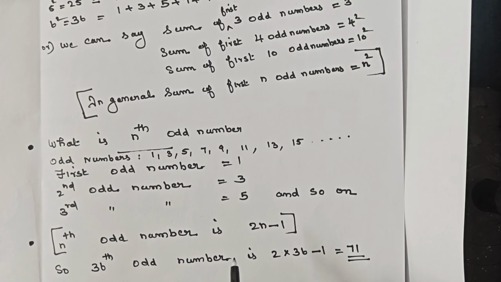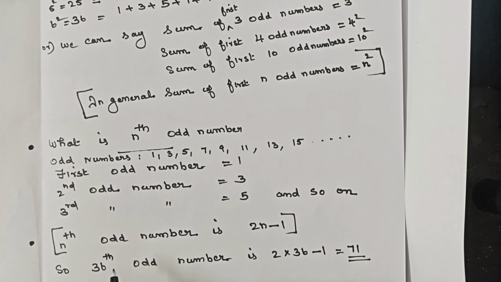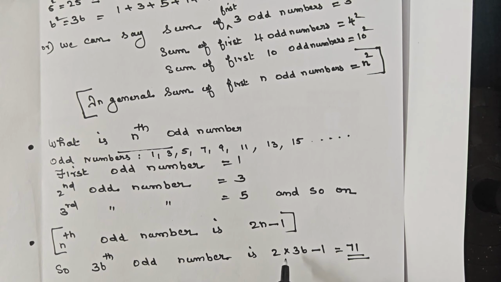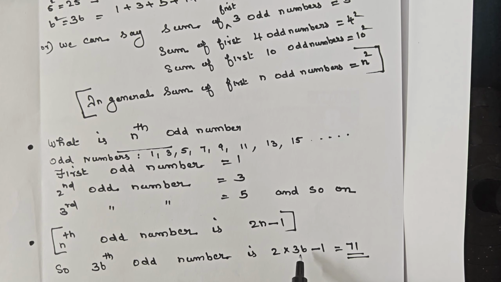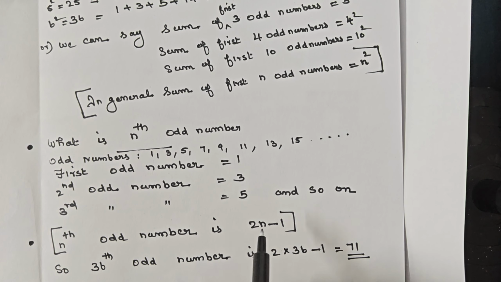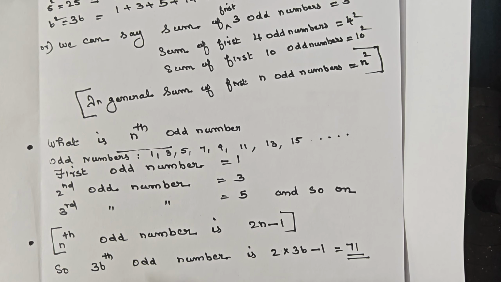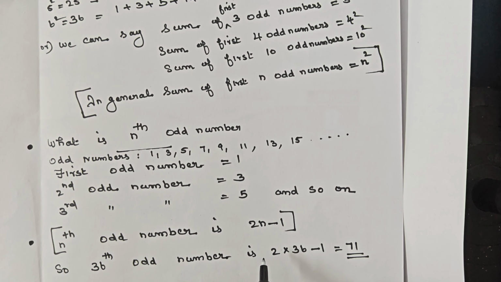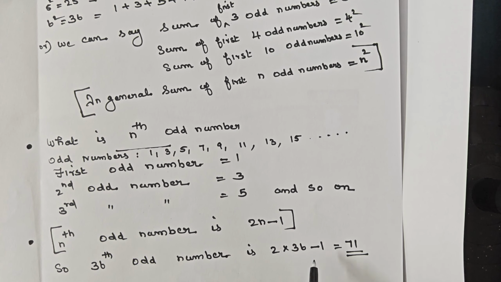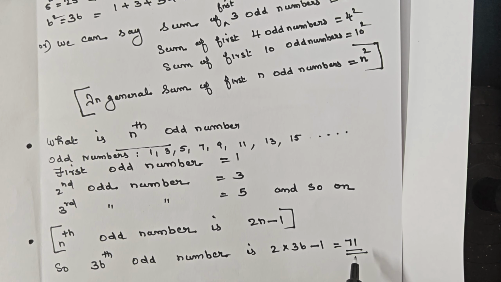Suppose you are asked what the 36th odd number is, you can apply this. The nth odd number is 2n minus 1, so the 36th odd number is 2 multiplied by 36 minus 1, that is 71.